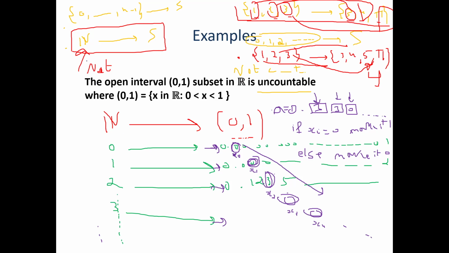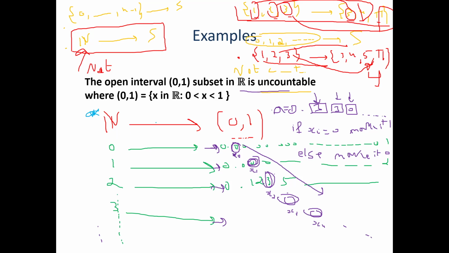So, step 1, remember, our goal is to prove that this is uncountable. So step 1 was to assume that it is countably infinite. So, what does it mean to be countably infinite? It means this: you have a bijection from N to your set that you're trying to prove is countably infinite.